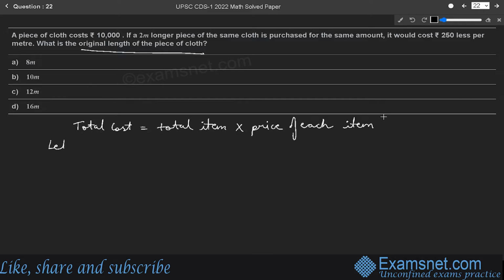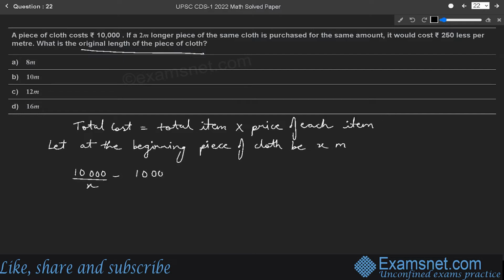Now let the piece of cloth at the beginning be x meter. Now according to the question, 10,000 by x minus 10,000 by x plus 2 is equal to 250.